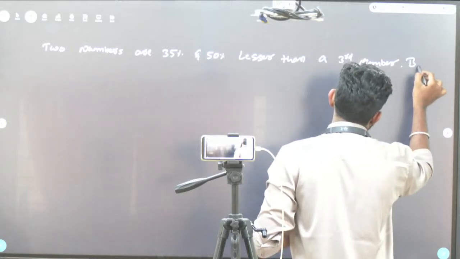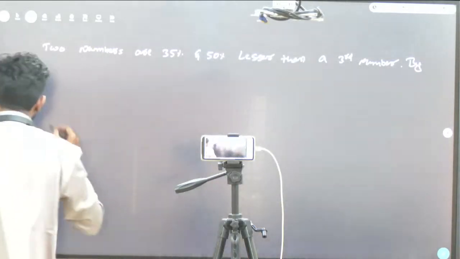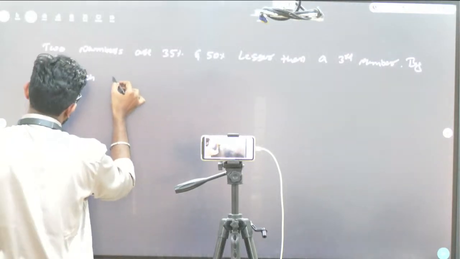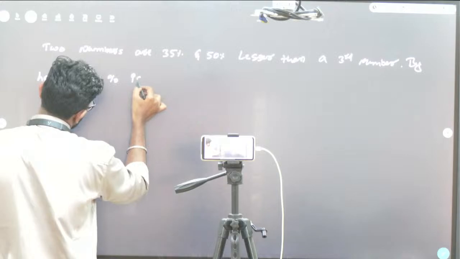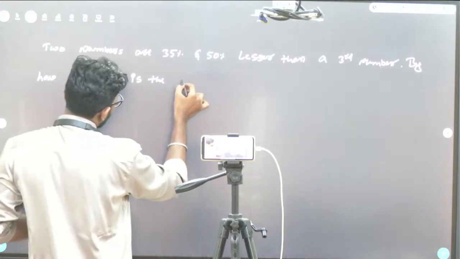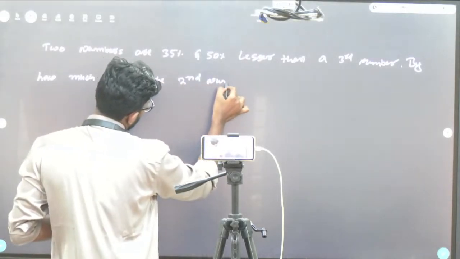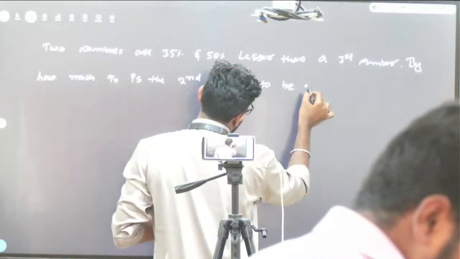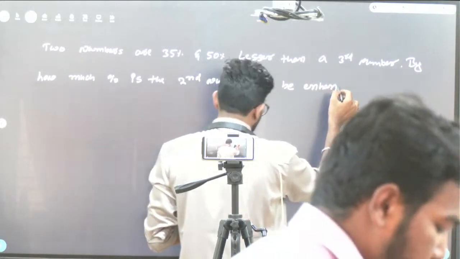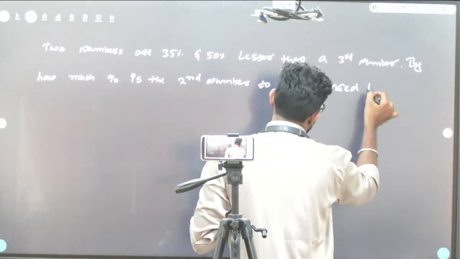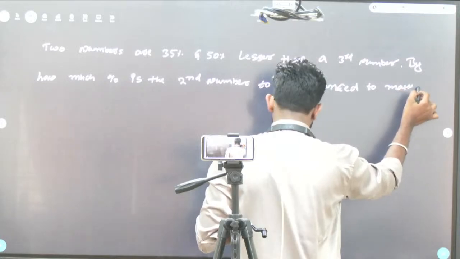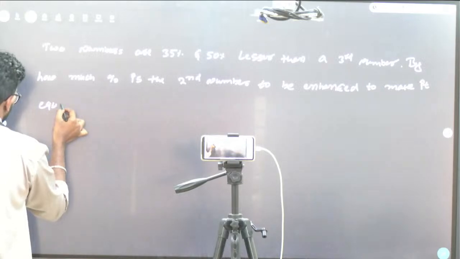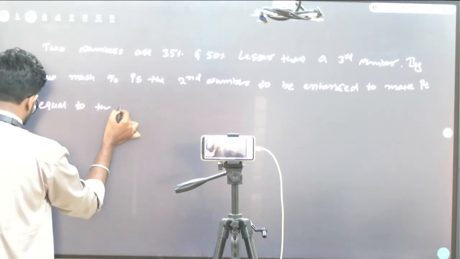By how much percentage is the second number to be enhanced to make it equal to the first number?